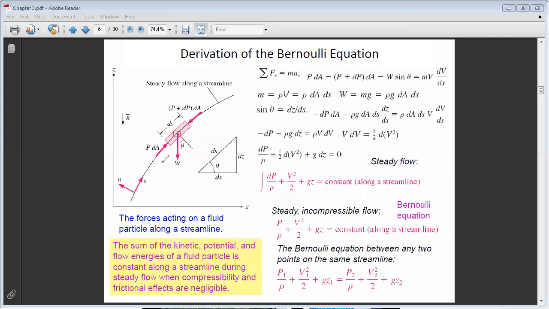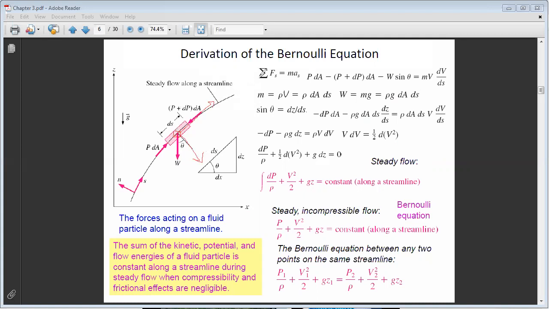As we said, what are the main assumptions in the Bernoulli equation? No friction forces, and the particle is just subjected to the effect of the weight and to pressure forces. So I will apply Newton's law along UT, which is the streamwise direction, and UN, which is the normal direction.